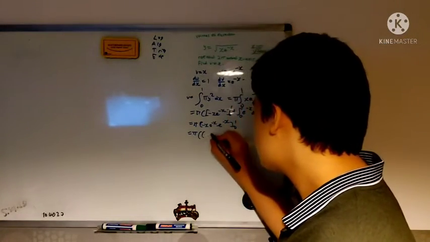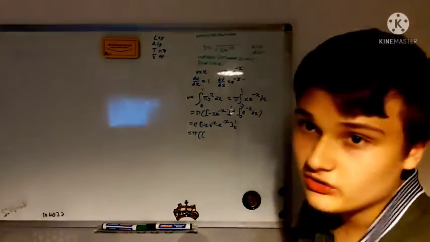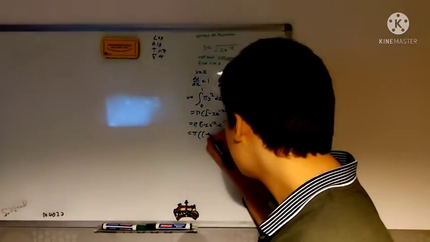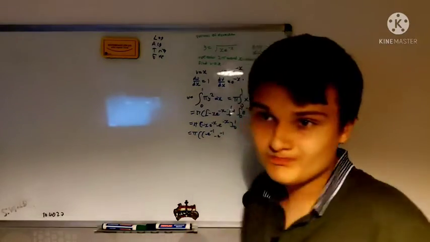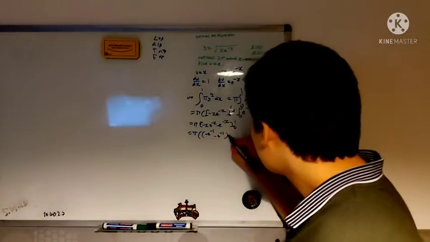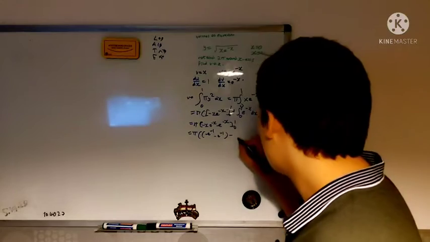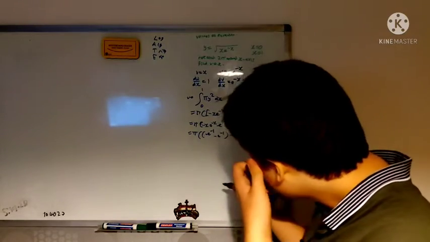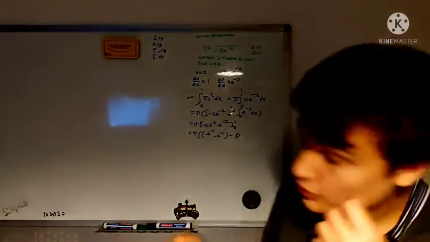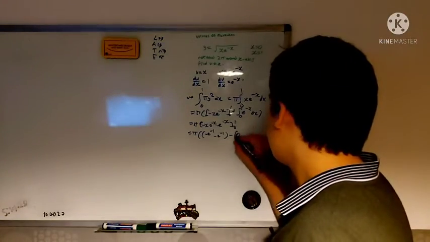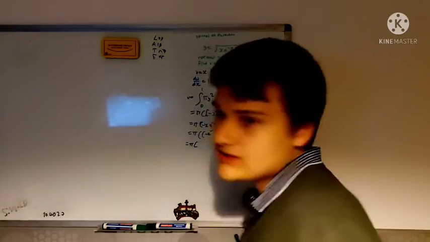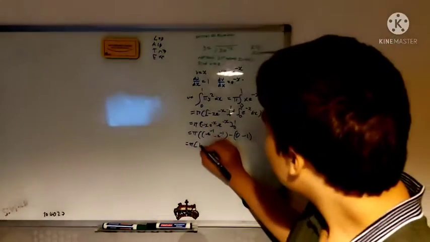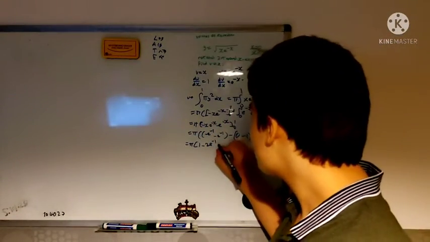Which is pi times, so I need to sub in the 1 first, so I get minus e to the minus 1 minus e to the minus 1. And I'm taking away, well, that's going to be 0, so that's gone. And that is going to be e to the 0, which is 1. Brilliant. So I end up with pi times 1 minus 2 e to the minus 1.